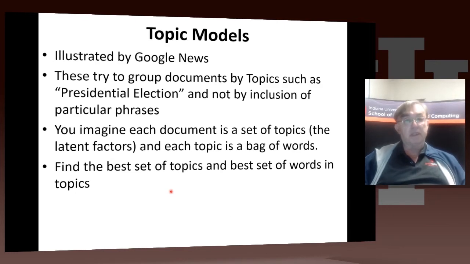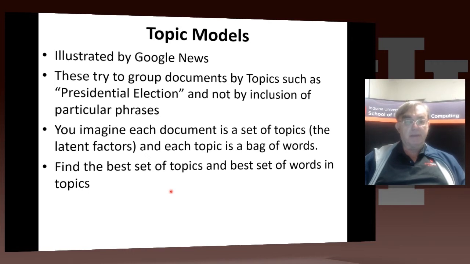Topic models are illustrated by Google News, which is a good example. It's a hub because it points to lots of other places, and it groups topics by things like presidential election or Barack Obama or Indiana University or cricket.